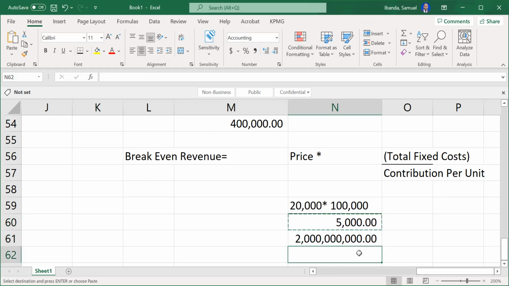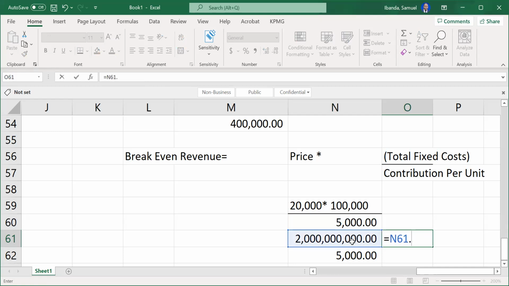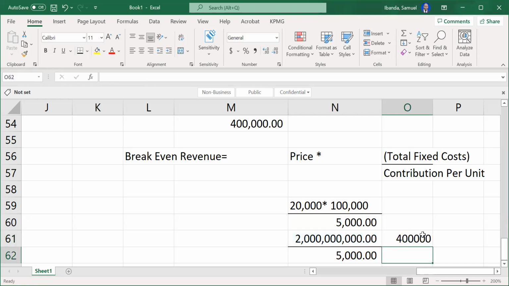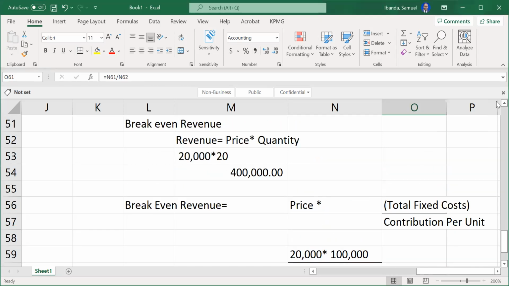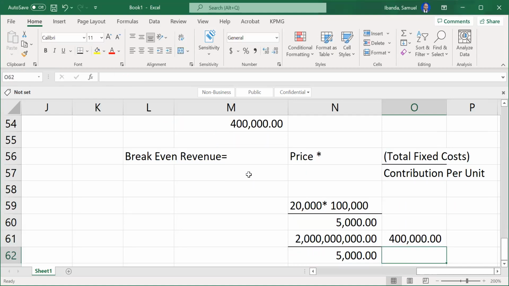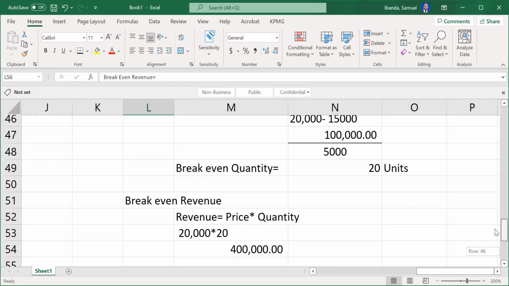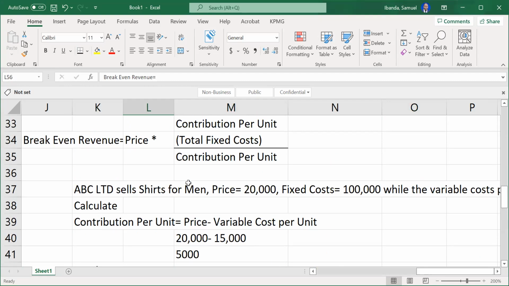Divide by 5K. So this will be this, divided by this. So it will get you to 400K, which is the same answer that we actually got here. But here we're just trying to apply the formulas and see how that comes into play. So that is how the break-even revenue comes through.